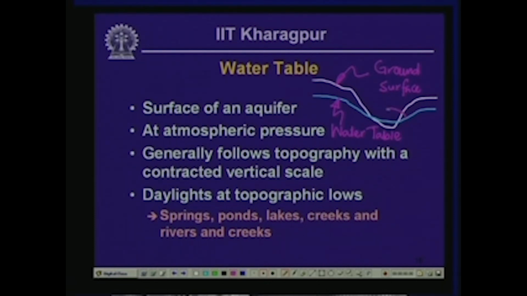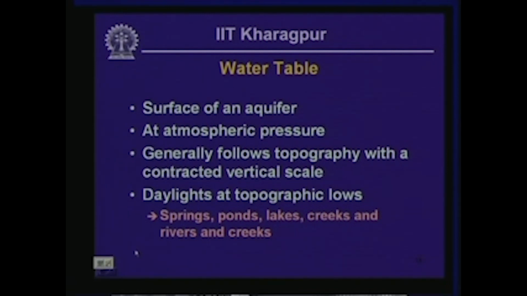Notice that at the location of the valley, because it follows the ground contours at a contracted vertical scale, the groundwater is likely to get exposed to the surface, and this is the location which might lead to the formation of a water course or a spring or a seep or a lake. So that is the explanation of what I meant there.